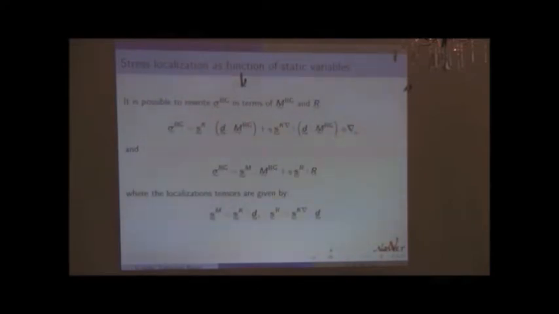I substitute chi as a function of the bending moment, and I can do the same trick with the gradient. So I have something which is a function of the static unknowns of my new plate theory.